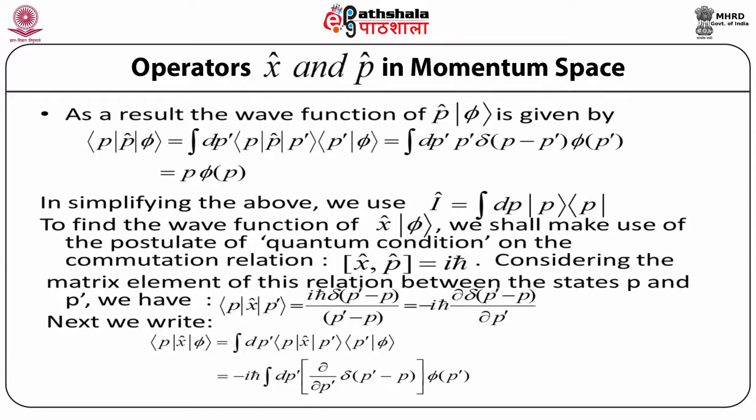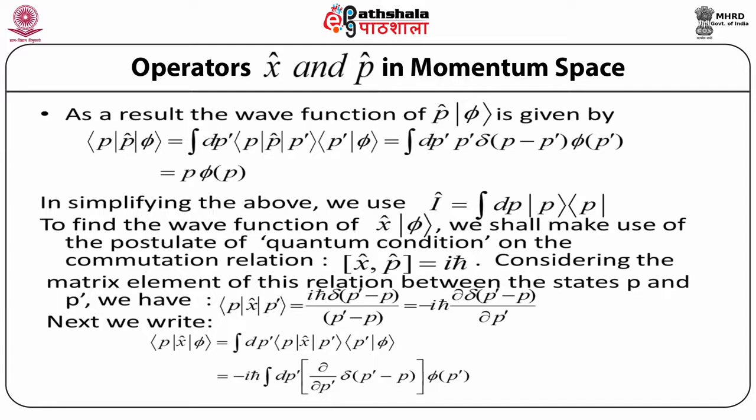Next, we can write the relation between the state p and the wave function phi as bra vector p, operator x, ket vector phi is equal to integration over dp prime, bra vector p, operator x, ket vector p prime, bra vector p prime, ket vector phi.